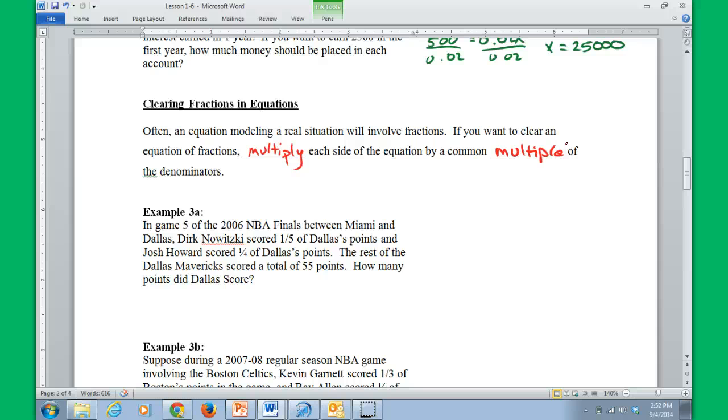So, here we have an example, and they did not give us the equation on this. So, follow along with me. In Game 5 of the 2006 NBA Finals between Miami and Dallas, Dirk Nowitzki, I can't say his name, scored 1/5 of Dallas's points, and Josh Howard scored 1/4 of Dallas's points. The rest of the Mavericks scored 55 points. So I'm going to call P the total of points scored.